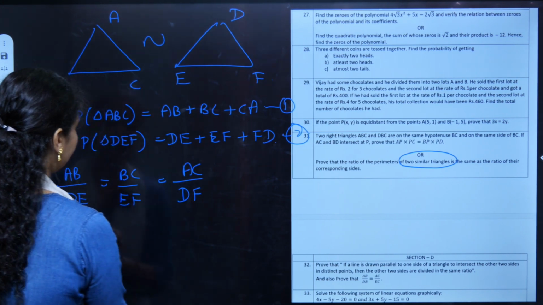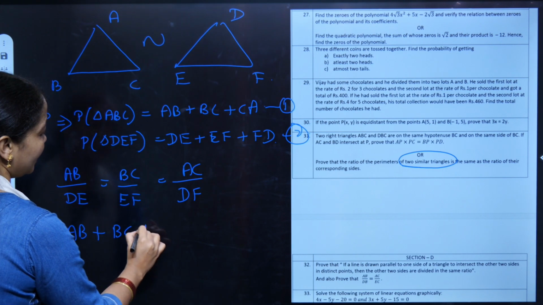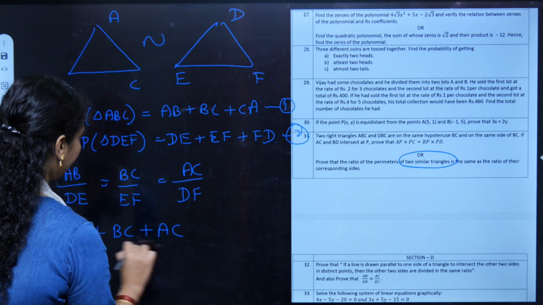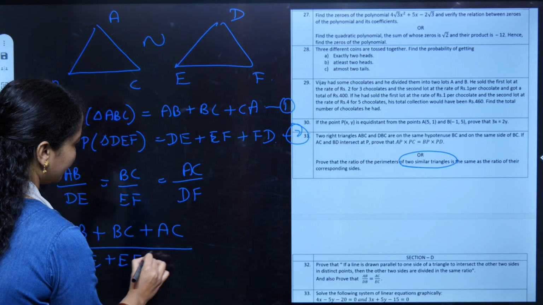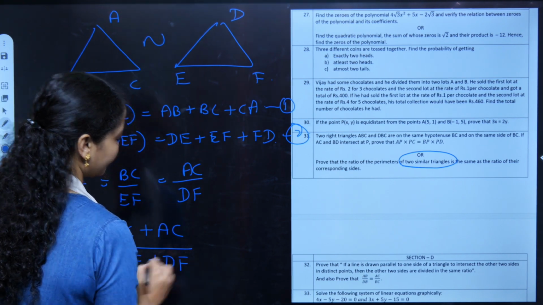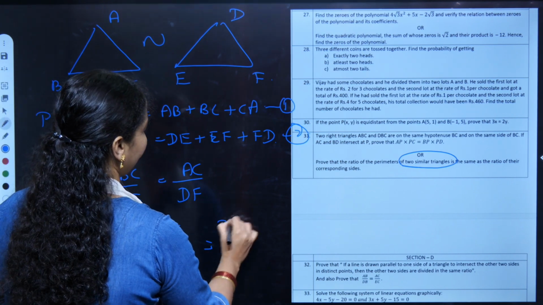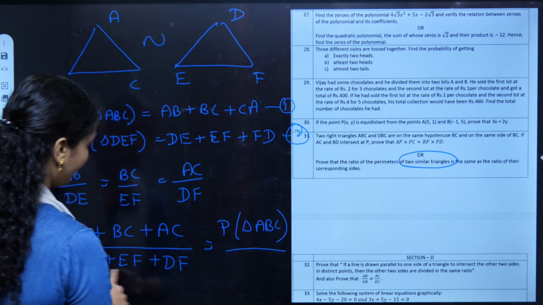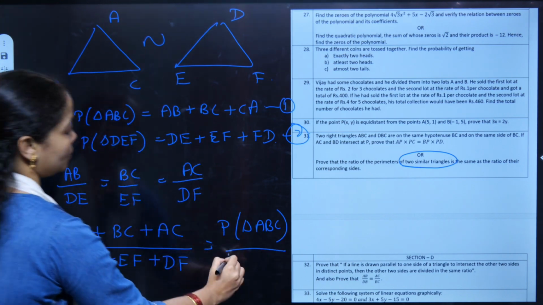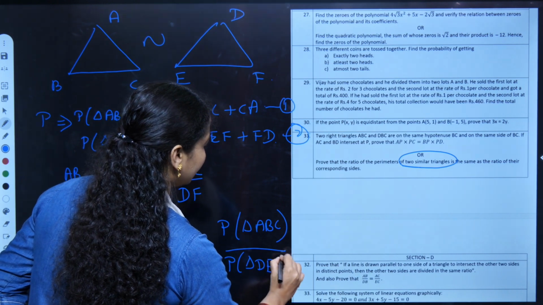When I add this, AB plus BC plus AC divided by DE plus EF plus DF. This is nothing but my equation 1, which is the perimeter of triangle ABC, divided by equation 2, which is the perimeter of triangle DEF.